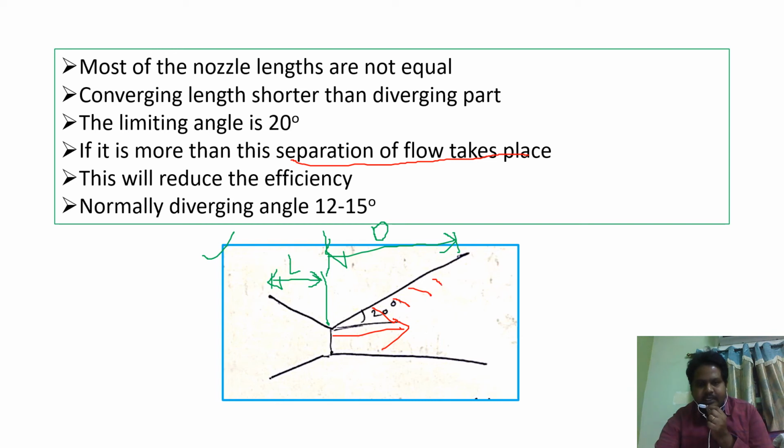So that is the reason why usually the divergent angle is 12 to 15 degrees, and also this is the reason why the length of the divergent part is more when compared to the length of the convergent part. This is the convergent part, this is the divergent part.